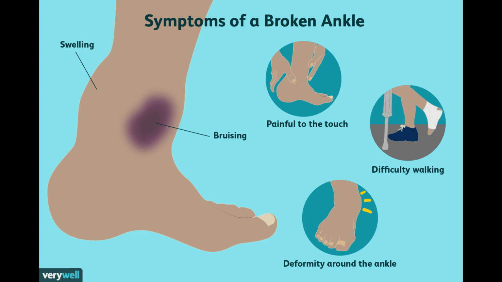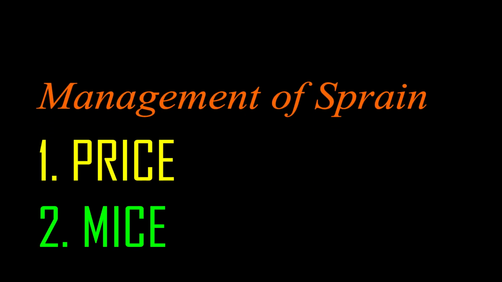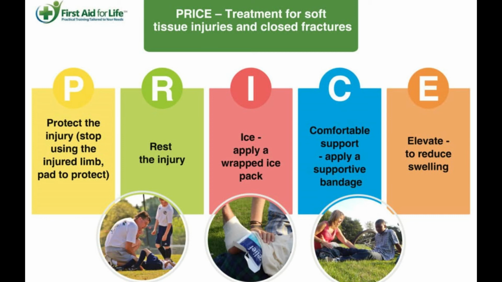For the management of sprain, two procedures are used, that is PRICE and MICE. I have already explained PRICE in the muscle injuries, so I will not explain it again here. In sprain management, PRICE is used, and after that MICE is used.